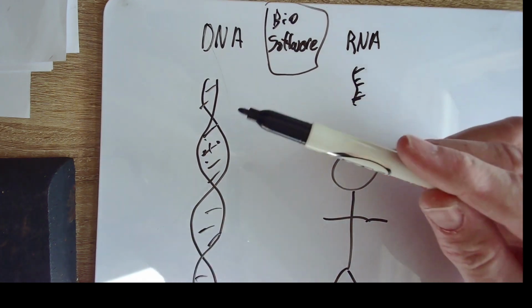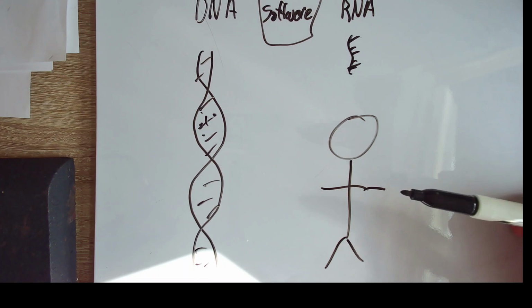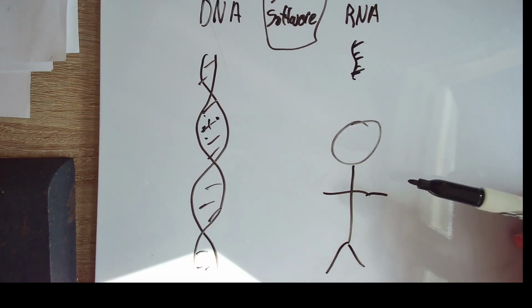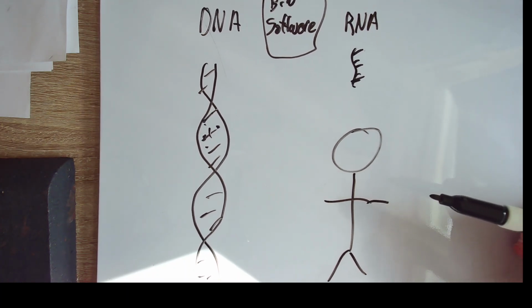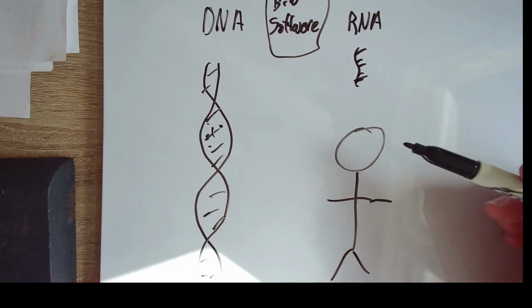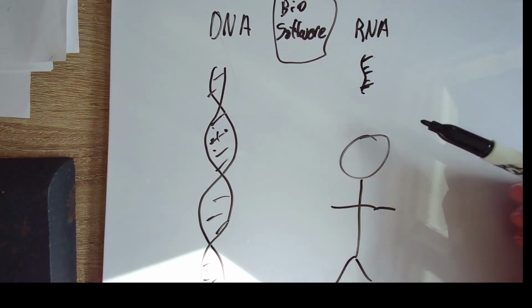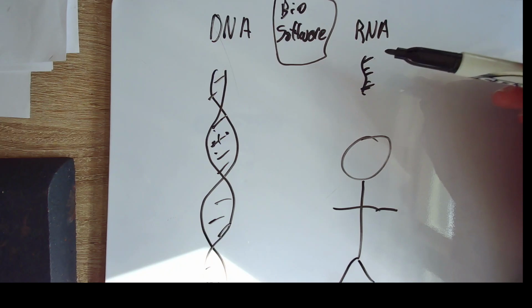Because it's basically instructions of how this organism is to constitute itself, and generally how it's going to operate, but it operates as a consequence of how it's constituted. So the operation of the body is sort of just a result of the constitution of it. Okay, so anyway, what's the difference between RNA and DNA?